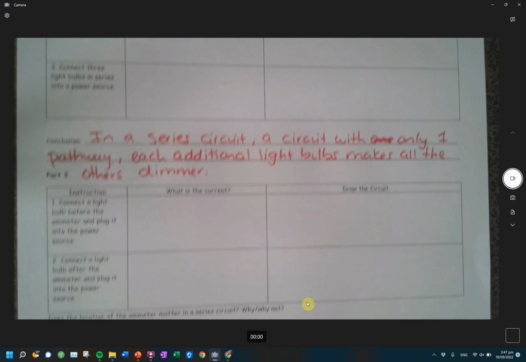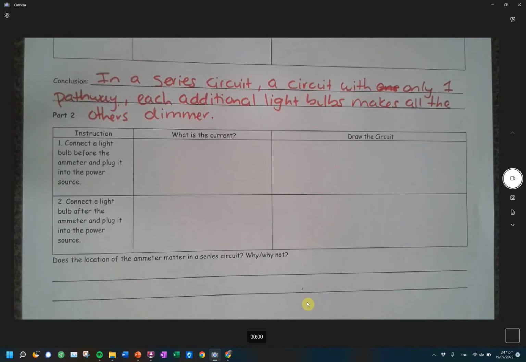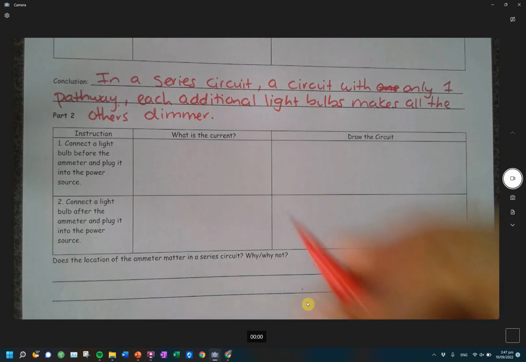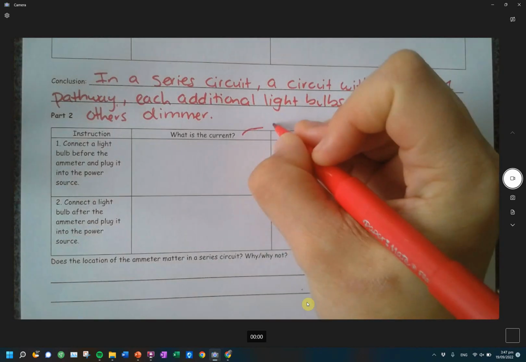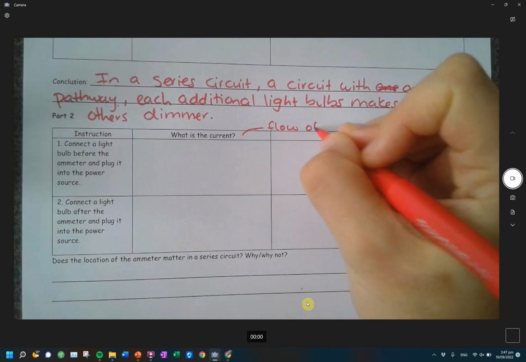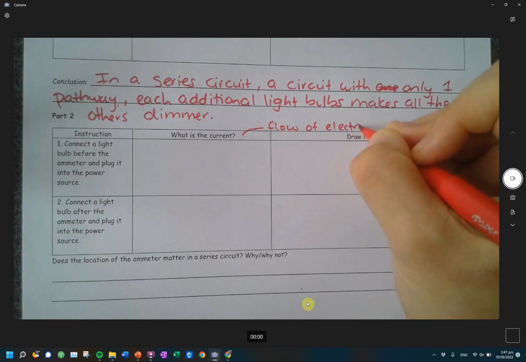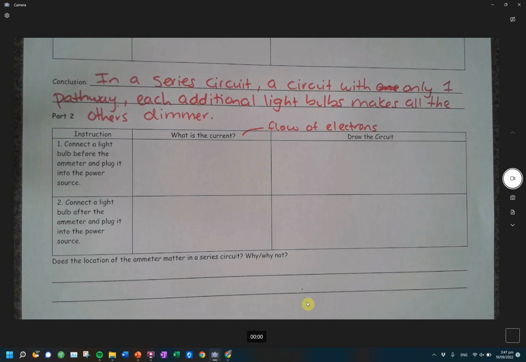All right, now on to part 2. We are looking at current. So when we are talking about current, we are talking about the flow of electrons. Just FYI.